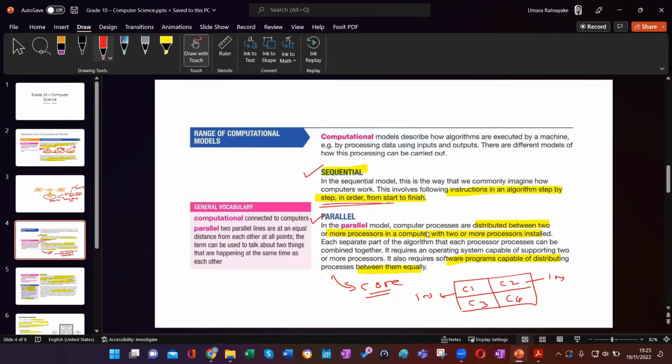And here, the computer processes, they mention a term called processes. Now, a process is a program or a part of a program which is in running state.